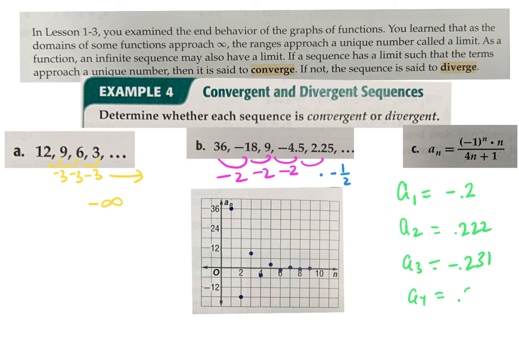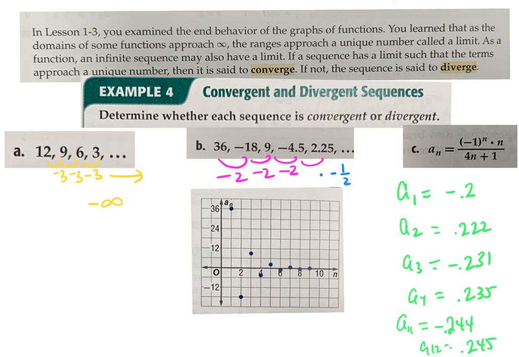This one is going back and forth as well. All right. But it's getting closer and closer. If you look all the way down to like a sub 11, we have -244 and 12.245. It's bouncing back and forth, and it's getting close and close and close to 1/4.